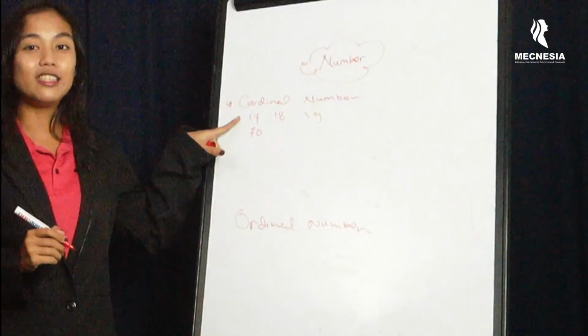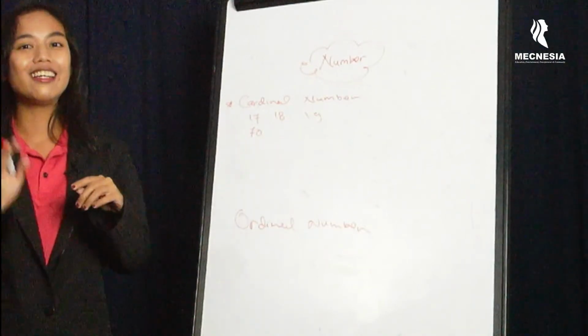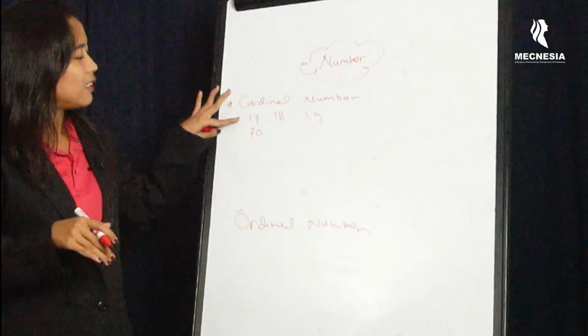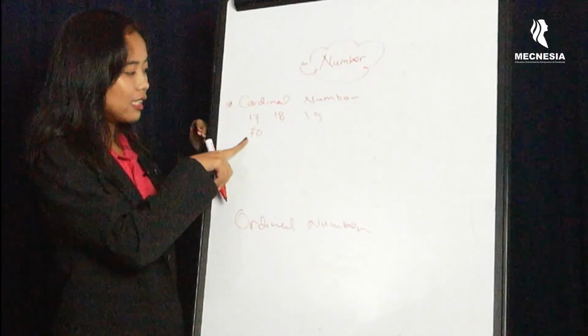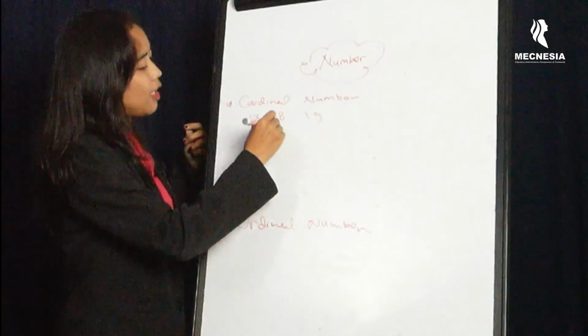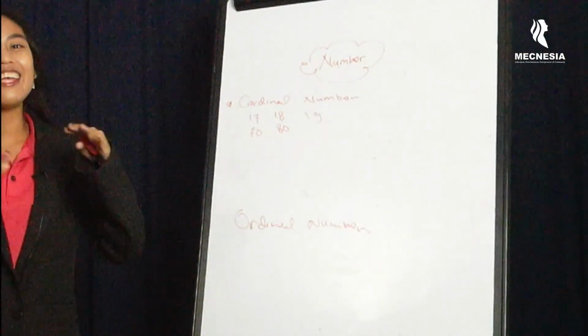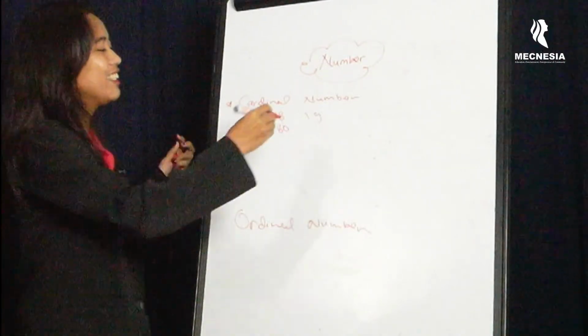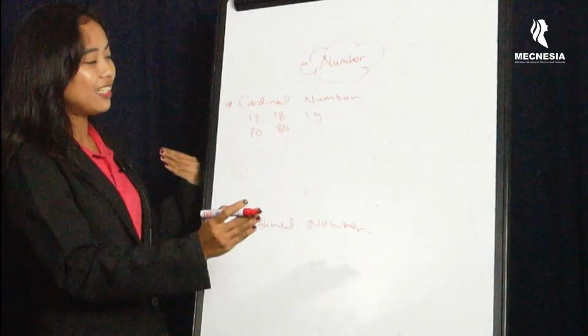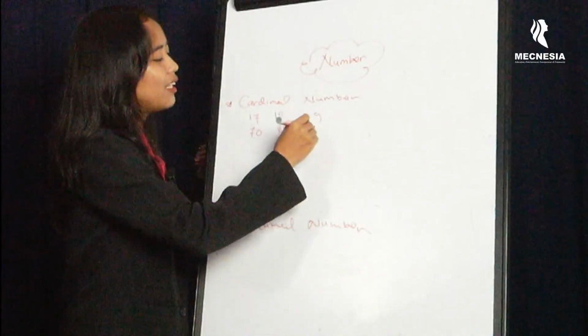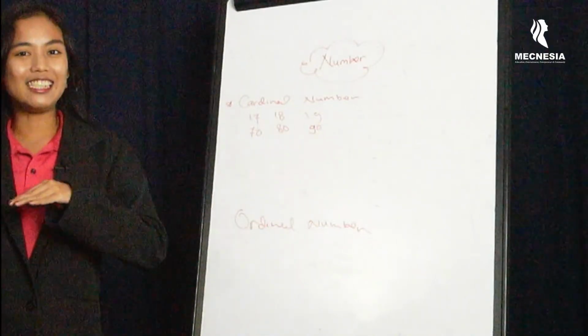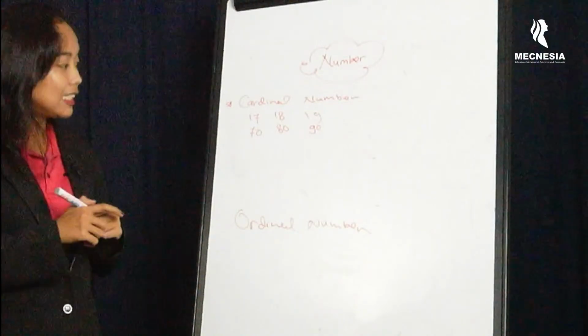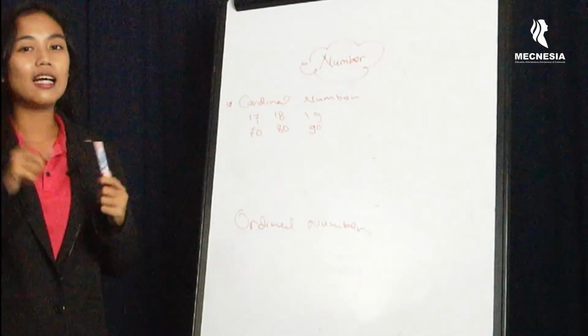Kalau tadi 17, puluhan akhirannya T. So, 17, 70. 80, 80. Very good. 19. Kalau 90 berarti 90. Oke, belakangnya T.